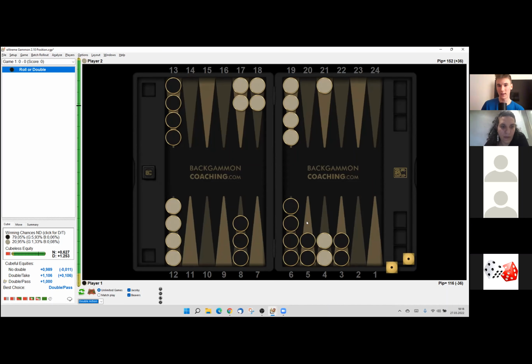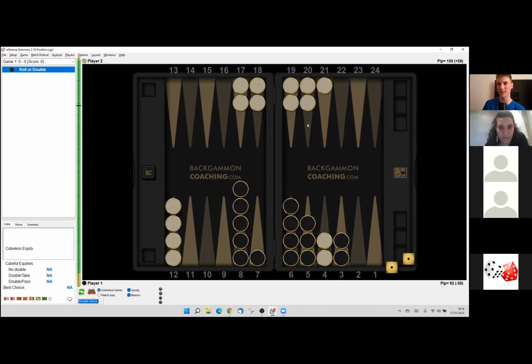Theoretically, even if black would leave a shot, so what? Even if I get the hit, I can still lose anyway. So when you get a holding game, it's important to have your board built. Otherwise, what's the point of taking?